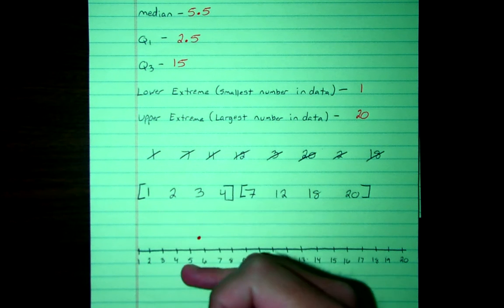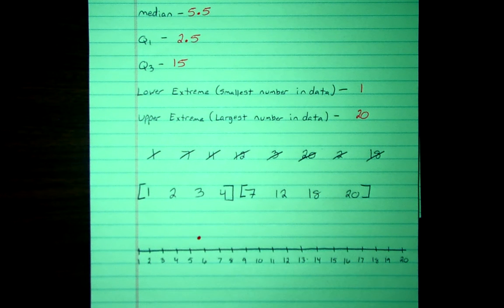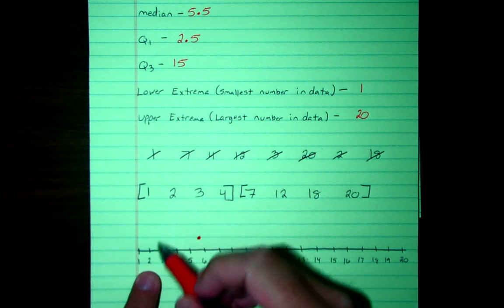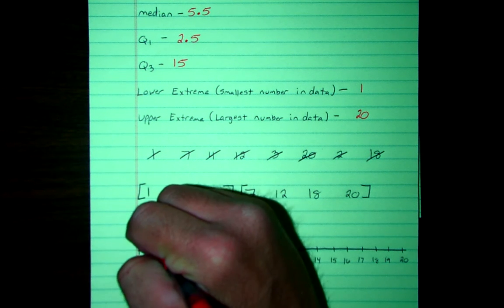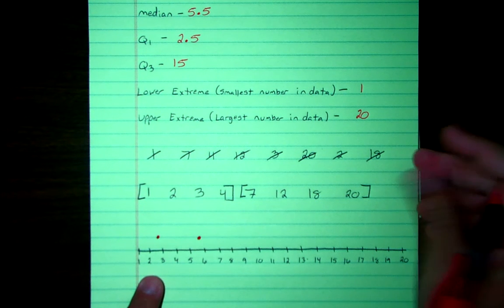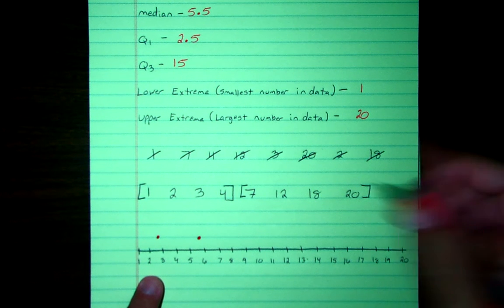Notice how I'm just going right above the number line. I'm doing that just to give myself some space. Then I have a Q1 at 2.5. And then I have a Q3 at 15.